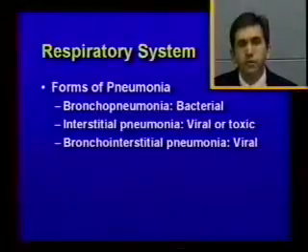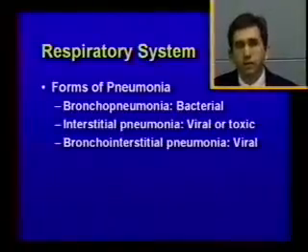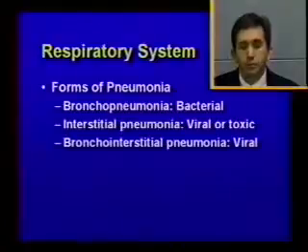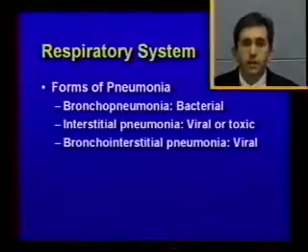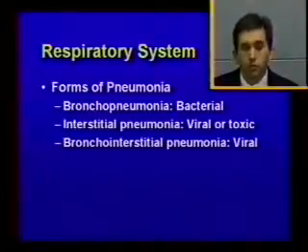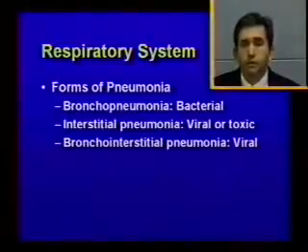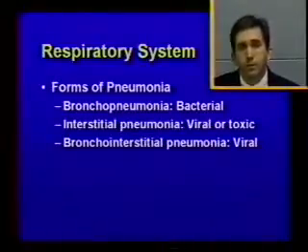Finally, we have a combination of the two, known as a bronchointerstitial pattern. This is usually seen in viral infections, and the reason it's a combination of the first two is because it is not completely due to infection of a bronchus by an organism, but more a combination of an infection of both the bronchial epithelium and the alveolar epithelium.